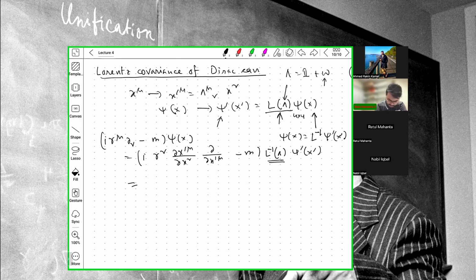Okay, let me do it. And this is just the lambda matrix. So I am writing a prime because this is now with respect to del x prime.